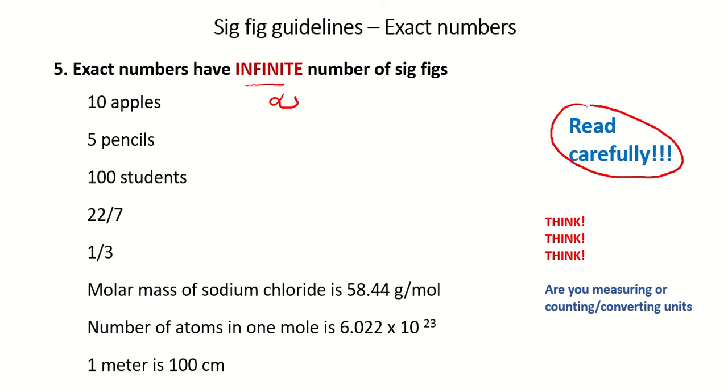So what is an exact number and an inexact number? I have explained that in a previous video. When you read the information, see if you are counting or measuring. If you are making a measurement, that means you are dealing with inexact numbers.